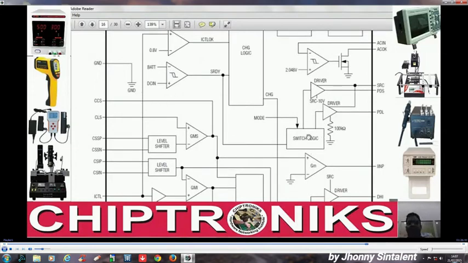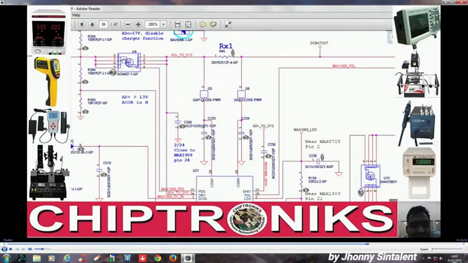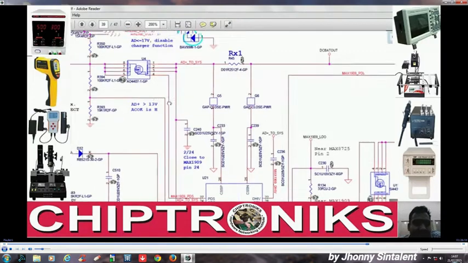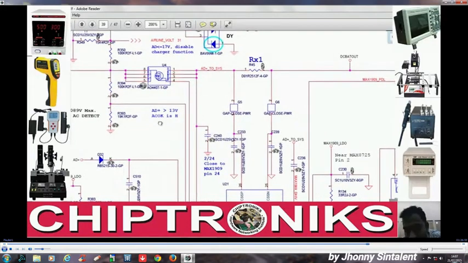How does the maximum charger get to know that I have to turn this switch off or turn this switch off? Let's consider the case that the adapter is present over here. This is a P channel MOSFET.